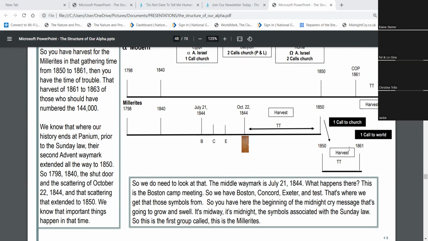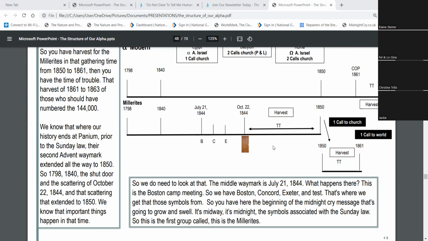So the 1798, 1840, the shut door, and the scattering of October 22nd, 1844, and that scattering extended to 1850. We know that important things happened in that time. So we need to look at that.